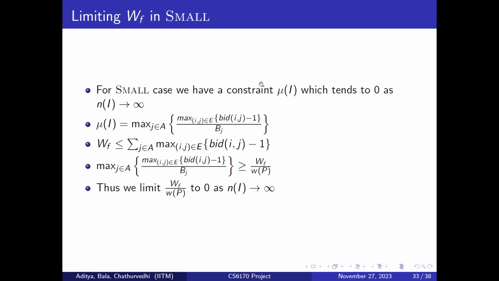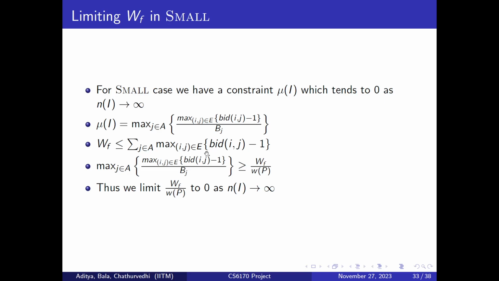So for the small bids case, we have the constraint where u of i, which is given as this, tends to 0 as the number of instances becomes infinity. We can also bound the false money as the given value where bid of i comma j minus 1 is in place of l_j. So from these two equations we can see that u of i will always be greater than or equal to the weight of f by the total weight of the w of p.